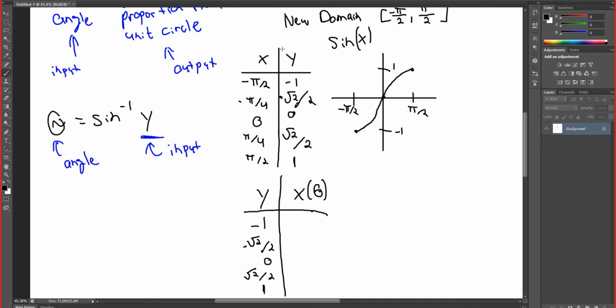And then I'm just switching my input and my output, so -1 is going to be -pi/2. This will be -pi/4. We'll have 0, pi/4 and pi/2.